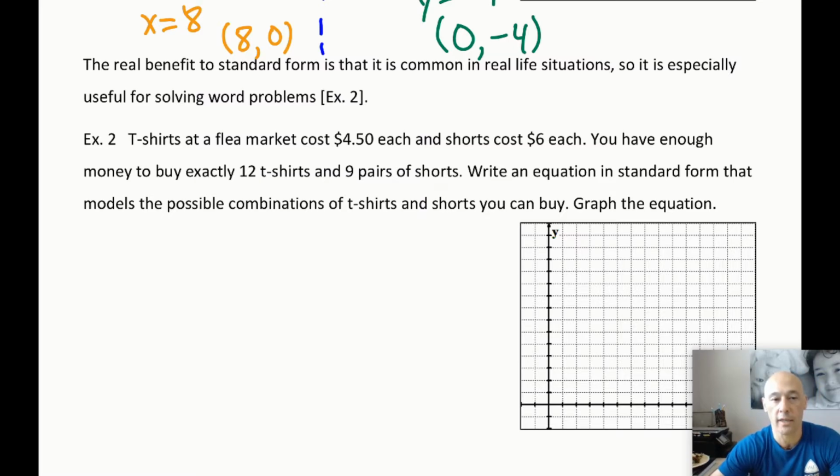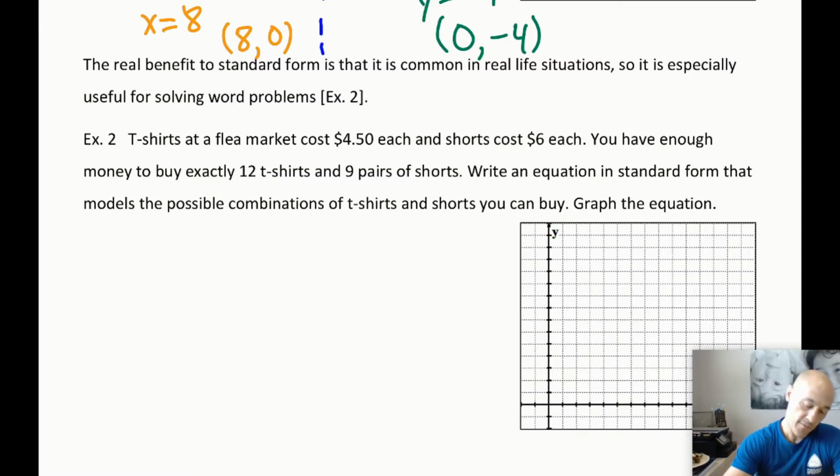T-shirts at a flea market cost $4.50 each, and shorts cost $6 each. You have enough money to buy exactly 12 t-shirts and 9 pairs of shorts. Write an equation in standard form that models the possible combinations of t-shirts and shorts you can buy.